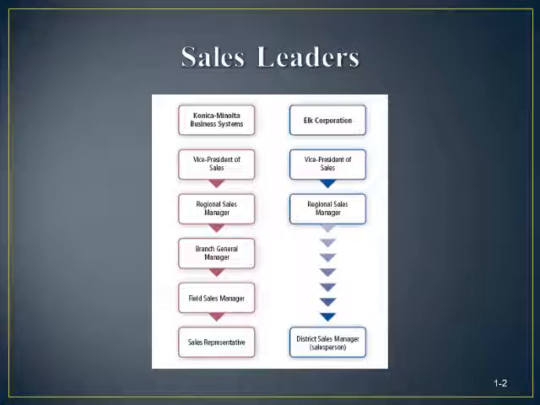Here in the graph we can see the difference between the two companies. Both companies have the vice president of sales and the regional sales manager. But one is directly working with the district sales manager as salesperson, and in the other one the relationship between the regional sales manager and the sales representative is going to be handled through two other positions, which are the branch general manager and the field sales manager.